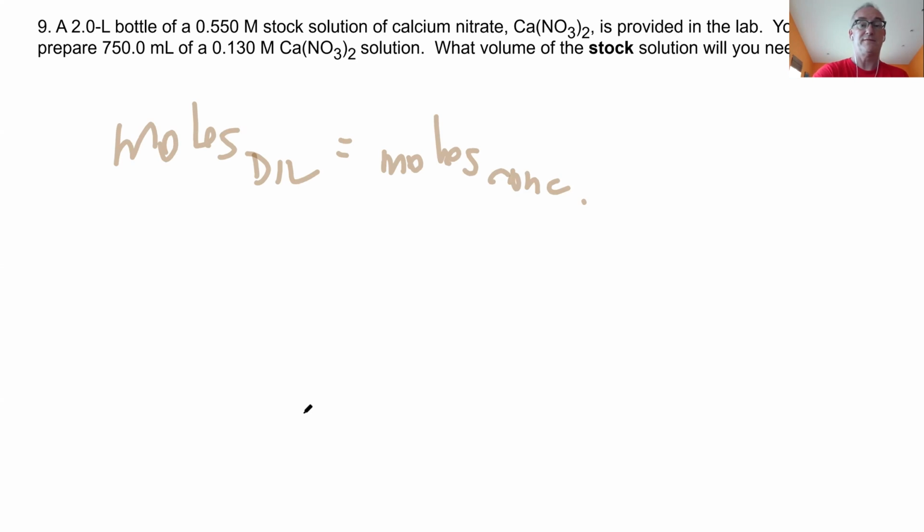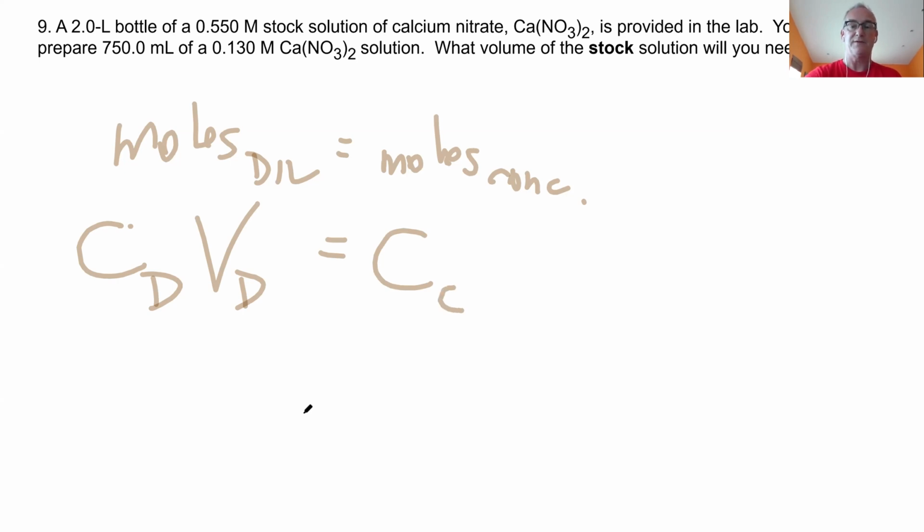Therefore, my moles of the dilute solution would be equal to the concentration of the dilute solution times the volume of the dilute solution. That's how we calculate moles. And for my concentrated solution, the moles are equal to the concentration of my concentrated solution times the volume of my concentrated solution.